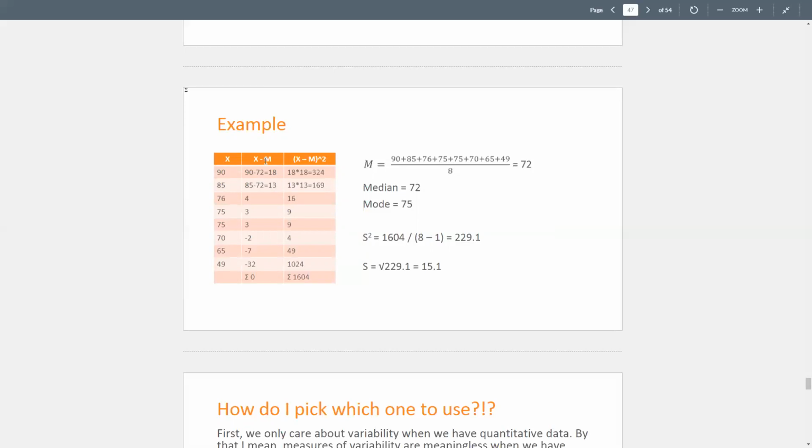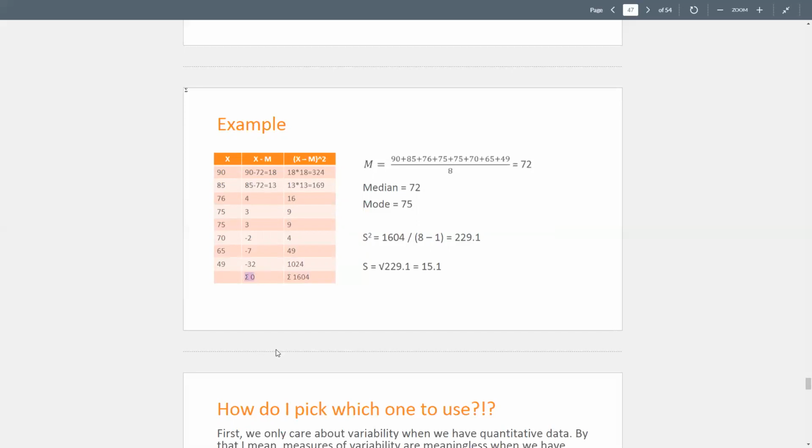But to calculate the variance and standard deviation, we take each data point, subtract it from the mean. So 90 minus 72, 85 minus 72, 76 minus 72, and then we square each one of those. This is where it's in the squared units, because if we added up each deviation from the mean, you see the sum is 0.